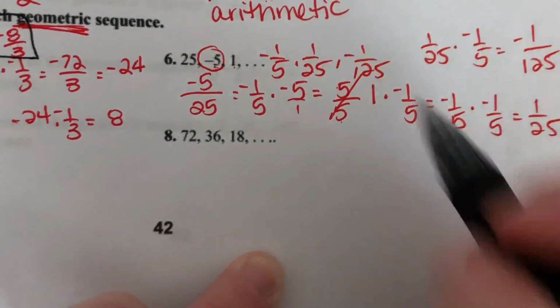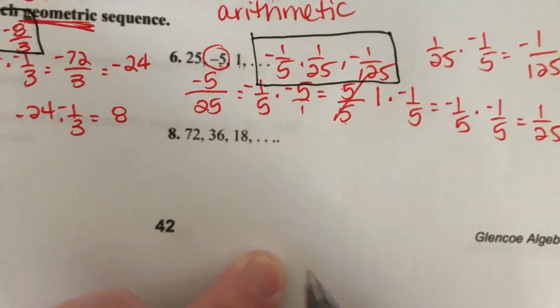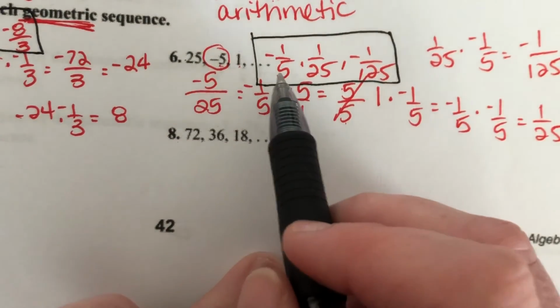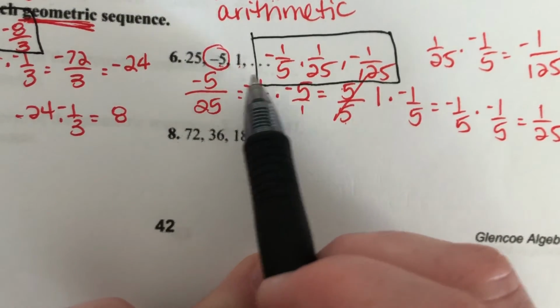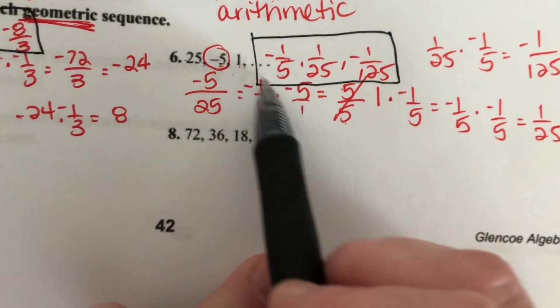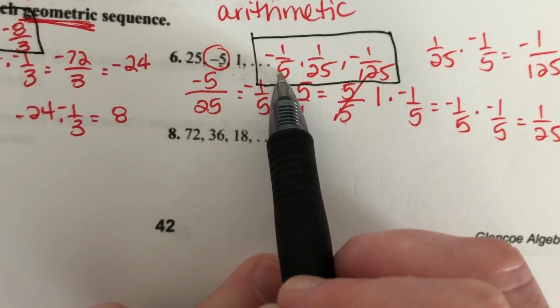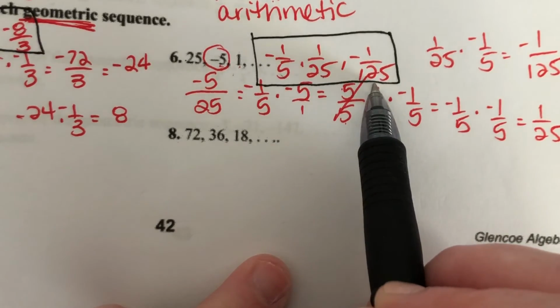Okay, so my next three terms in my sequence are these. Looks like I'm basically dividing by negative 5 over and over. My common ratio, the number I'm multiplying by, is negative 1/5. So 1 times negative 1/5 is this one. This one times negative 1/5 is this one. This one times negative 1/5 is this one. I hope that's making sense.